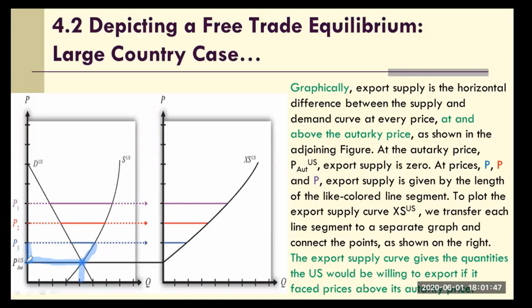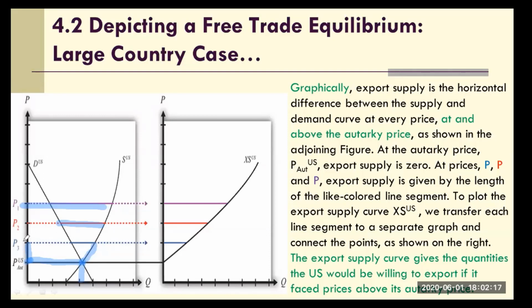As the price increases to P2, the difference between supply and demand looks like this. As the price increased, let's take this amount: this is the amount of supply that the US is exporting.